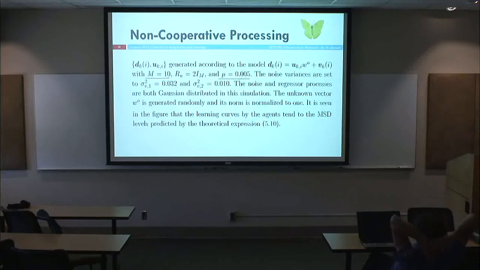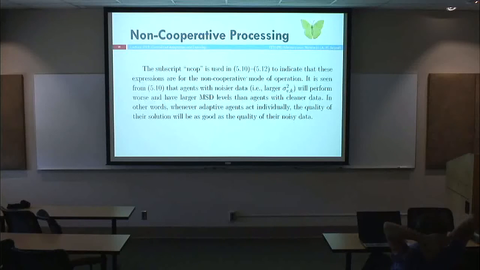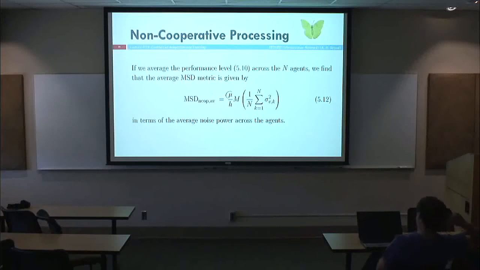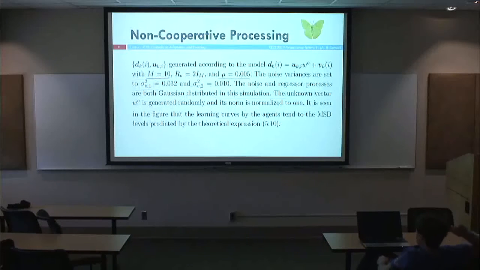The step size is the same across the agents, because the performance expression depends on the step size. Just keep that in mind. So I kept mu constant across the agents, otherwise that will affect the performance. RU in this case is that, and for the noise, I'm running 2 agents. One of them has more noise than the other.